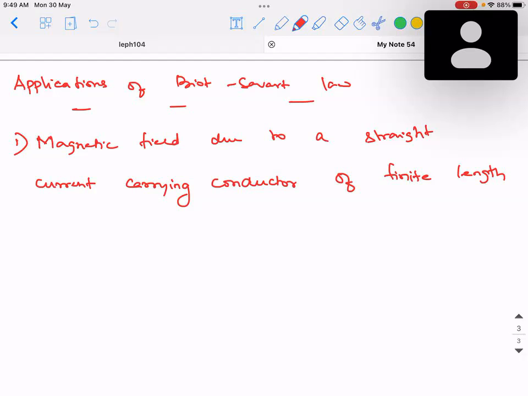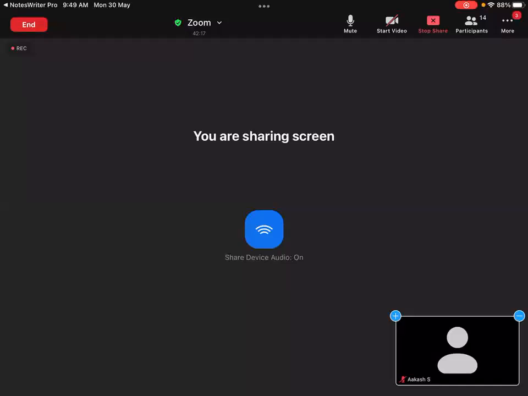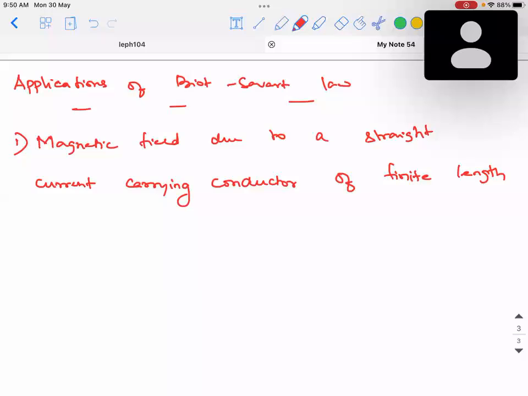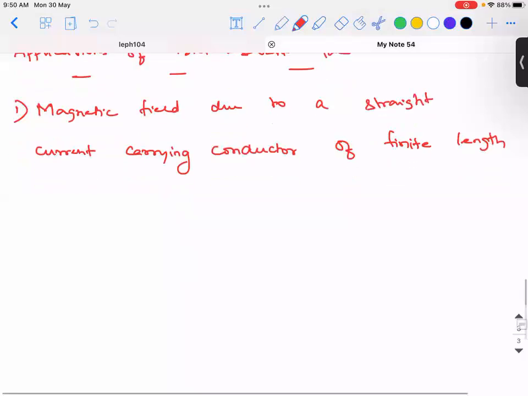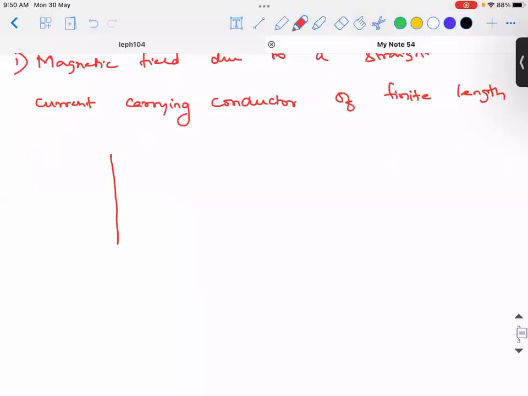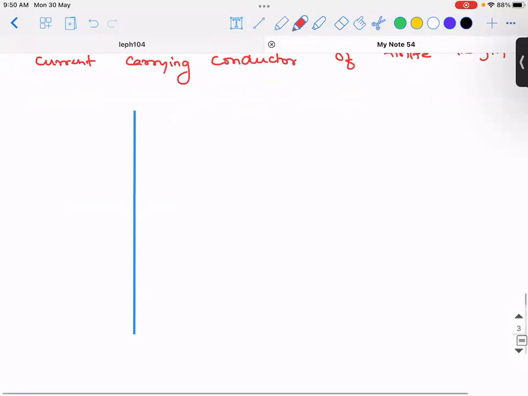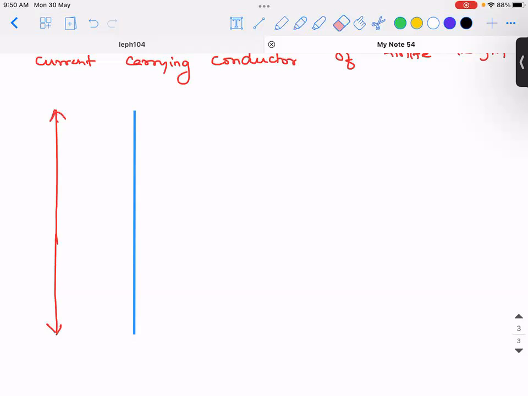Let's see. What do I mean by that? I have a current carrying conductor. Let's say its length is capital L for the time being.